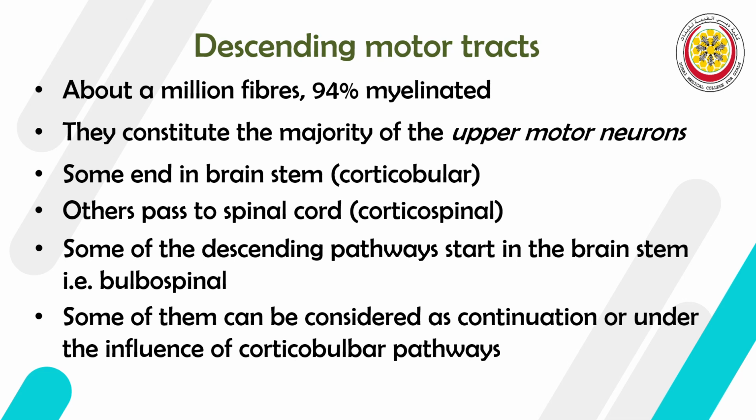Which ones are connected superiorly to the cortex and which ones are not? They are controversial. Some people say they are, some people say no, they are not. But let us have the concept. The concept now: the bulbospinal can be just bulbospinal, but they can be a continuation of a cortical descending pathway.